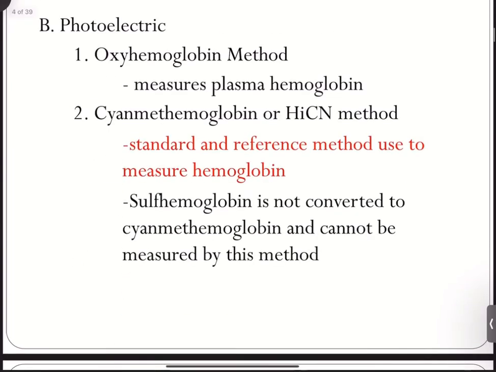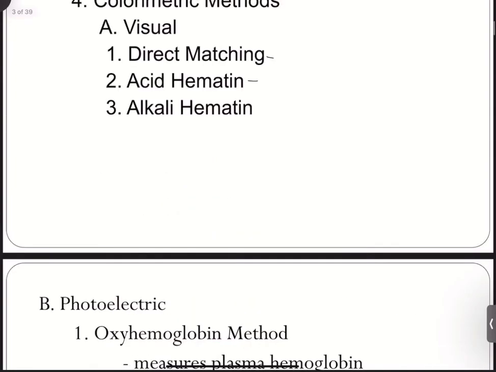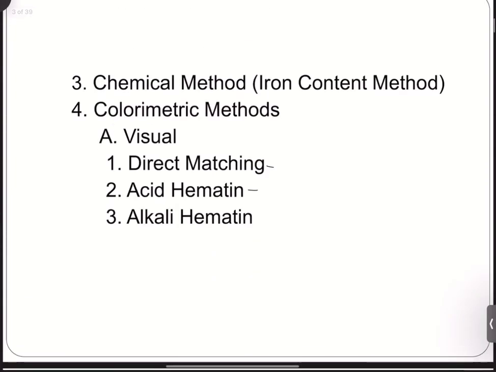Okay, so the acid hematin uses chemicals like hydrochloric acid to hemolyze the blood, then you use distilled water to match it with the comparator block.